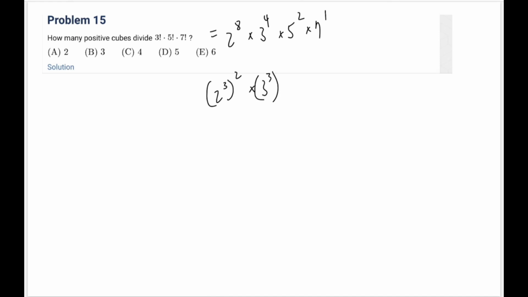And that would be it, right? Because only 8 and 4 are greater than 3, and 2 and 1 can't make cubes, right? So this is basically 8 to the 2nd power times 27 to the 1st power. So this will be 3 times 2, since 2 plus 1 and 1 plus 1, that would be 3, and that would be 2. And so that would make 6. So the answer is 6. It's E.